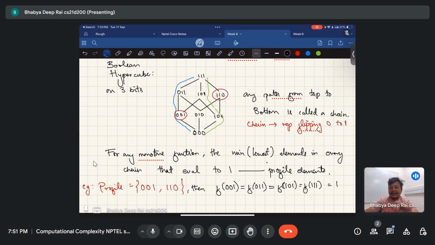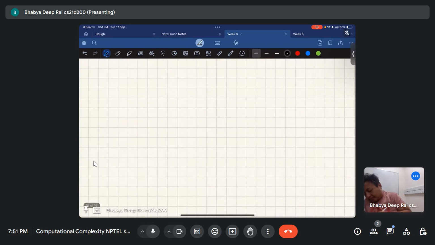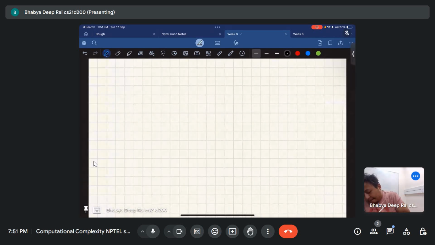So now the idea is simple. The idea is to compare the input with each profile element.